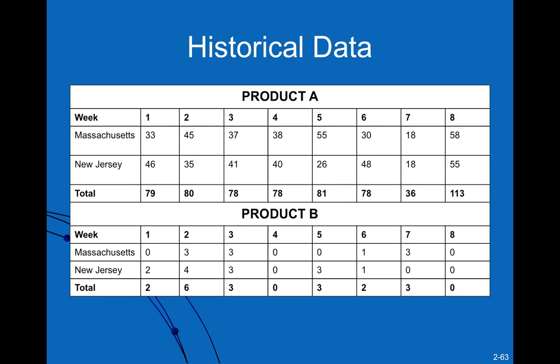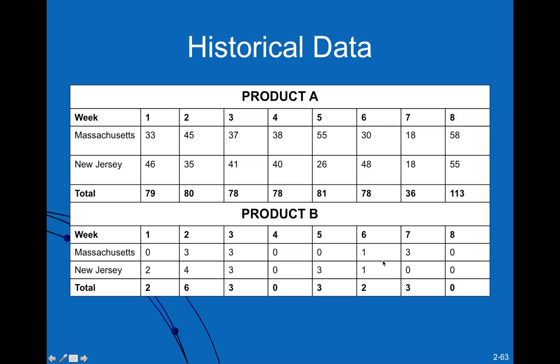If you look at some historical data for two products, A and B, at both locations, New Jersey and Massachusetts, we would see they have their own independent demand streams. Here we see the demand stream for product A in Massachusetts, product A in New Jersey, and so forth.